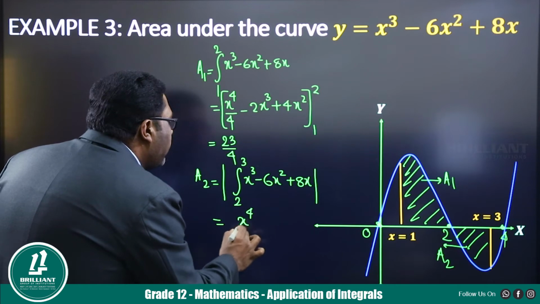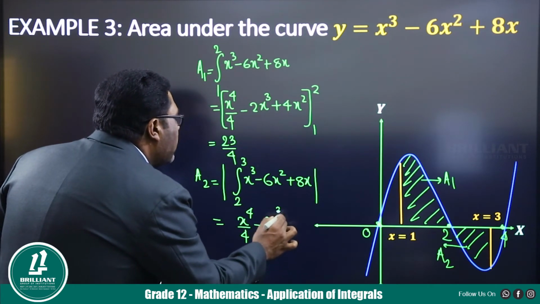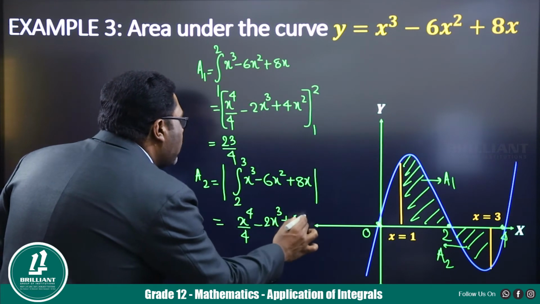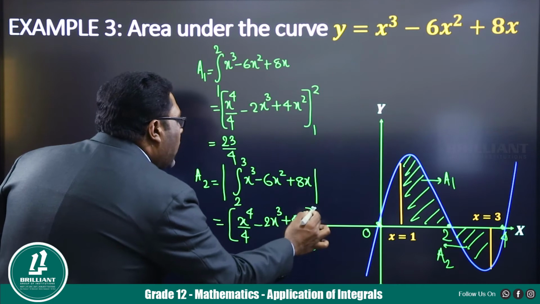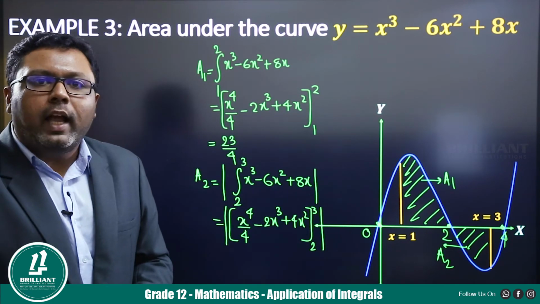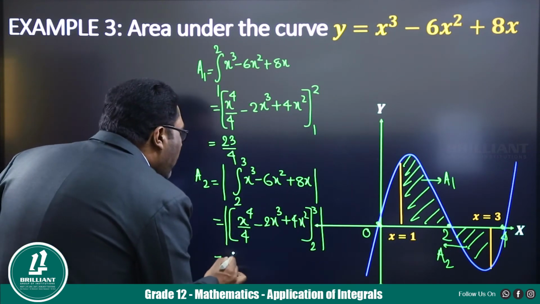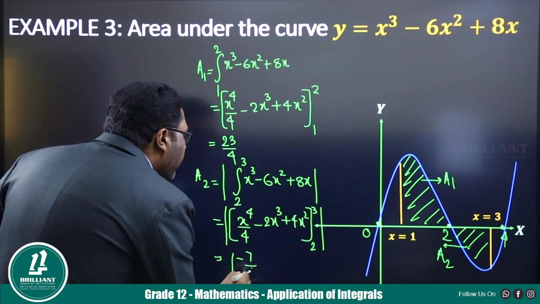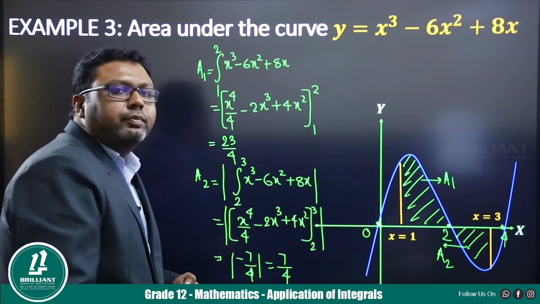It's going to be x power 4 divided by 4 minus 2x cube plus 4x squared with the limits 2 to 3, and you have a modulus. And the value of this integral, when you compute, is modulus of minus 7 by 4, that is equal to 7 by 4.